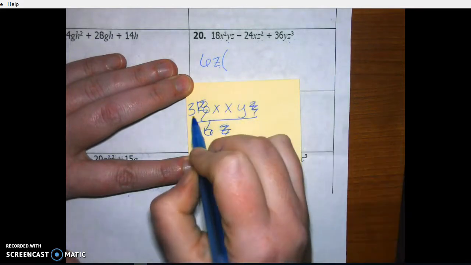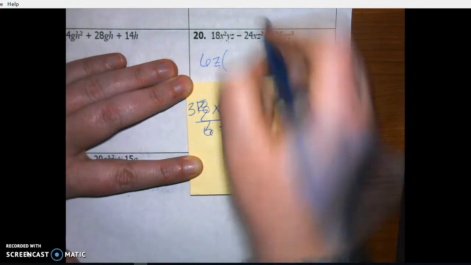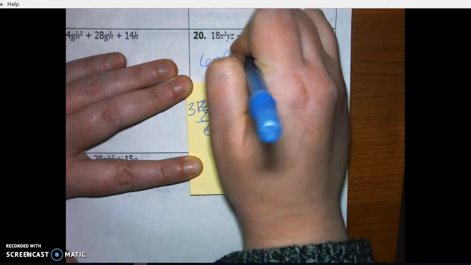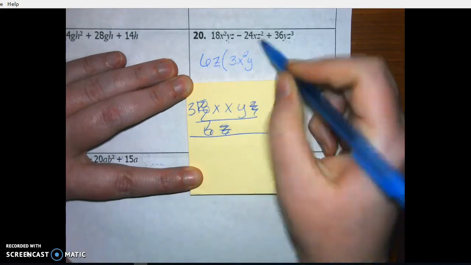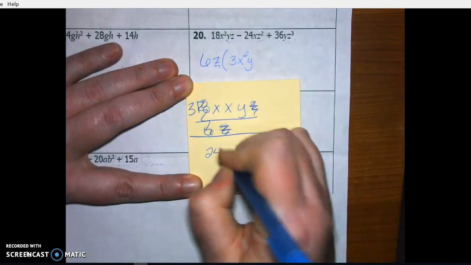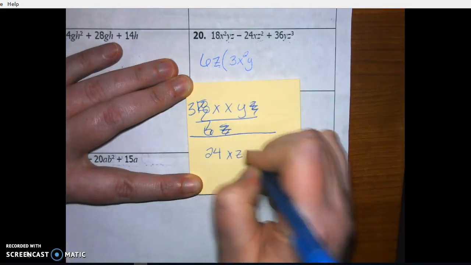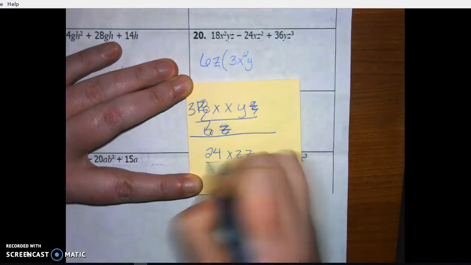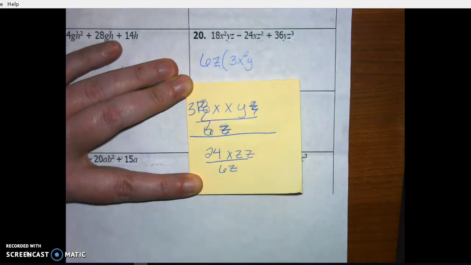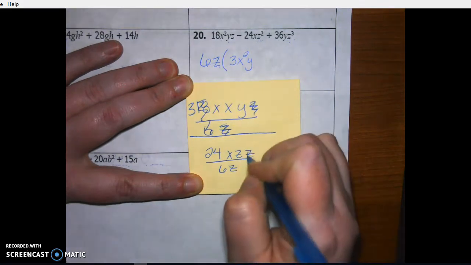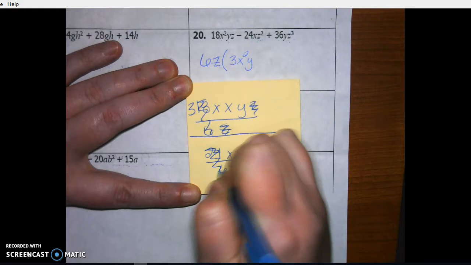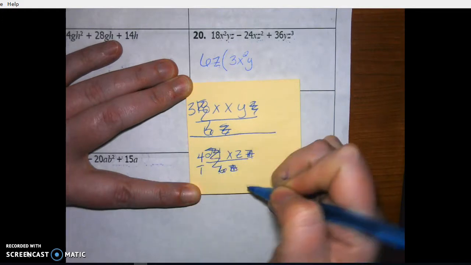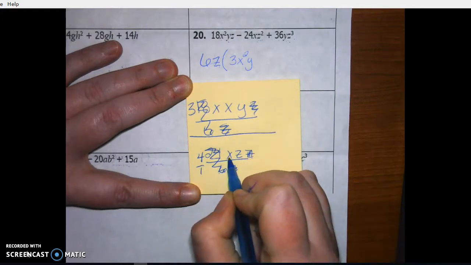So I have 3x squared y. Now I'm going to do the same thing for this term, 24xz divided by 6z. The z cancels out. 24 divided by 6 goes to 4 over 1. So now I have 4x.